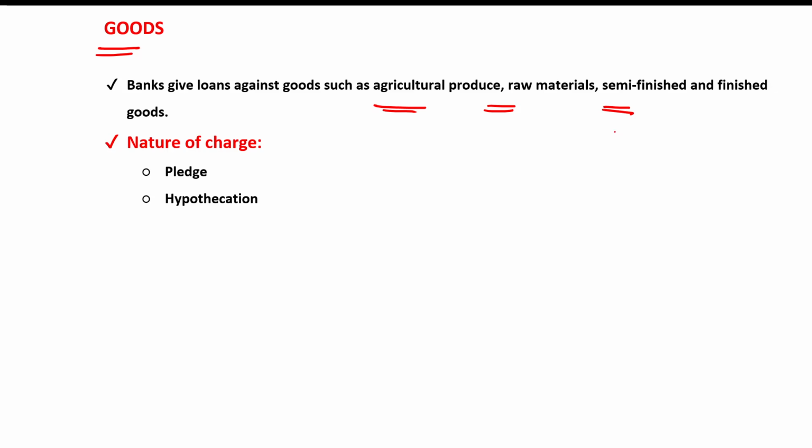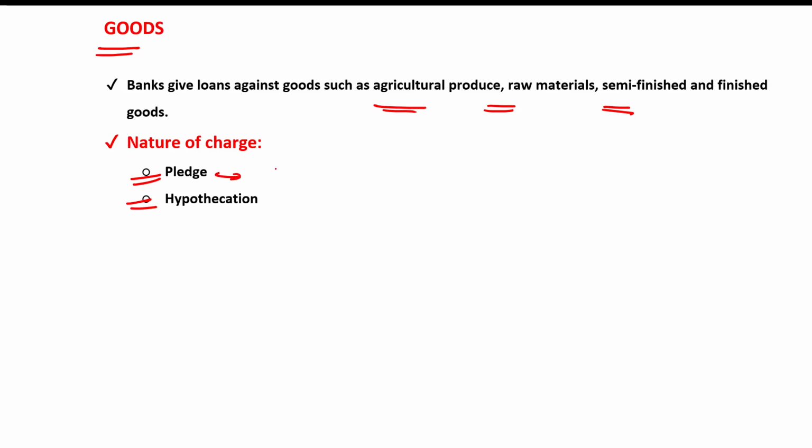Since goods are tangible and have a market value, they are considered reliable security. But again, their nature, storage, and value fluctuations must be carefully evaluated. There are two types of charges which can be created with respect to this security: pledge and hypothecation.